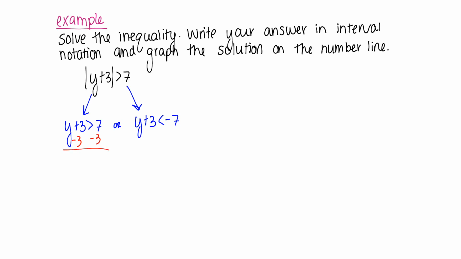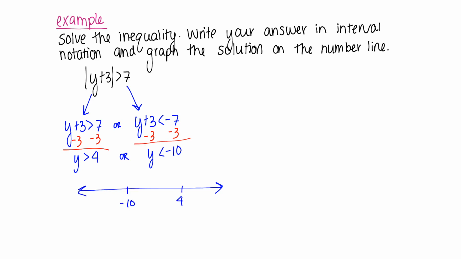So subtracting 3 on both sides, we have y is greater than 4. Subtracting 3 on both sides over here, we have y is less than -10. So y is greater than 4 or y is less than -10. There's no underline on these inequalities, so they're going to get open circles.